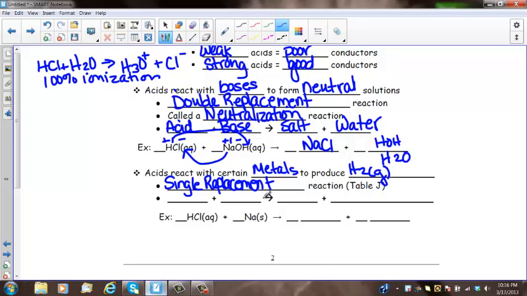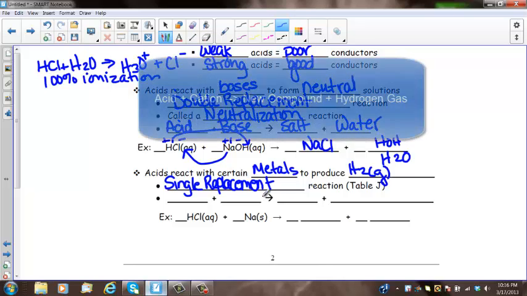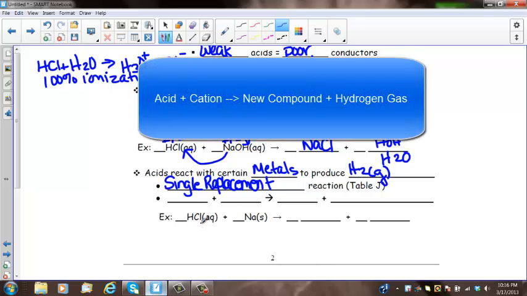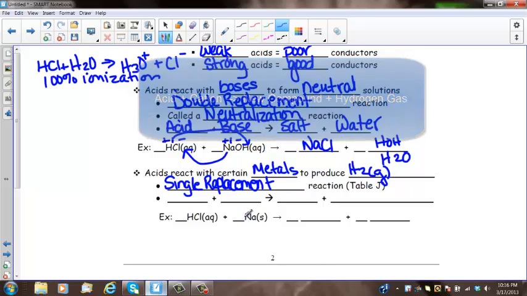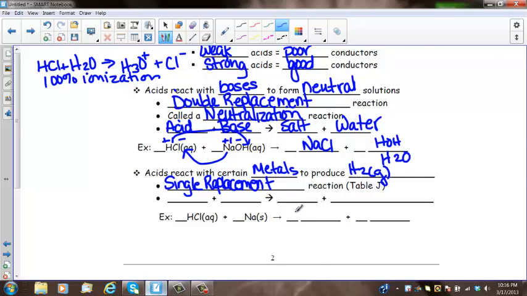Remember that the element that's trying to push in must be higher than the element that is trying to push out. So HCl plus Na is going to yield NaCl and H2 gas. And here we have to balance: 2 on the right, 2 here, 2Cl, 2Na.